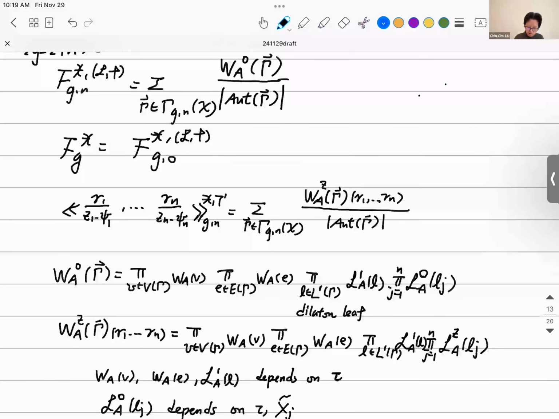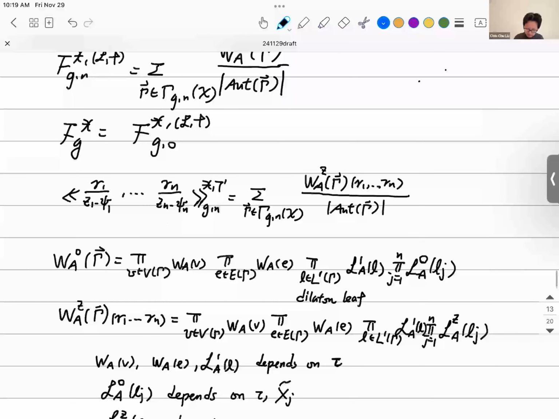They only depend on closed string parameters tau. And also there are some dilaton leaves that also depend on the closed string parameter. But the open leaf, in the open case, we have open.